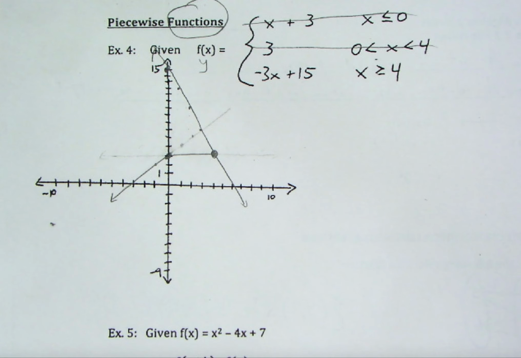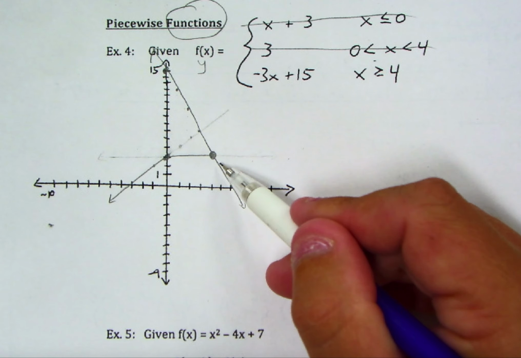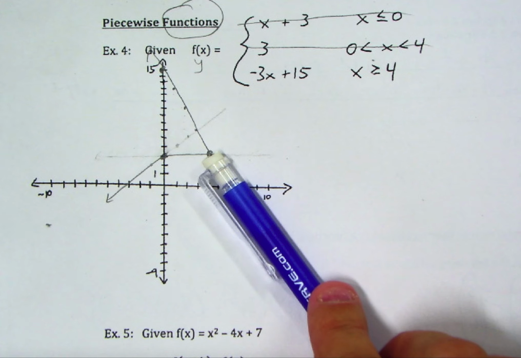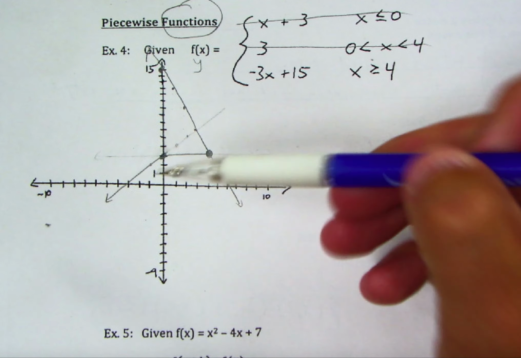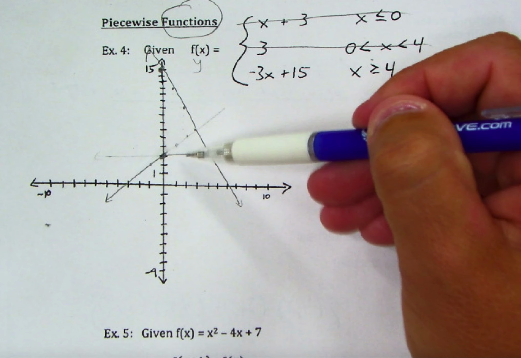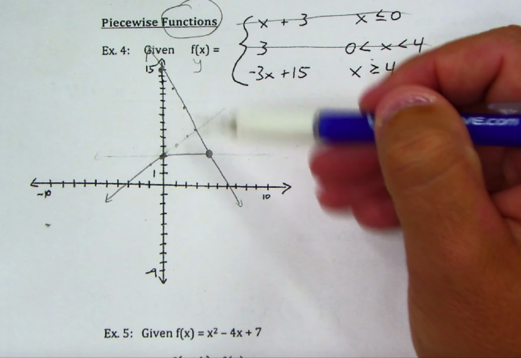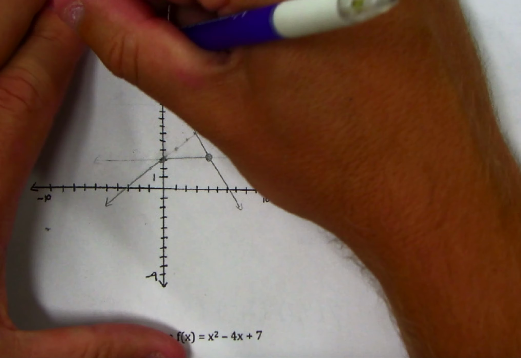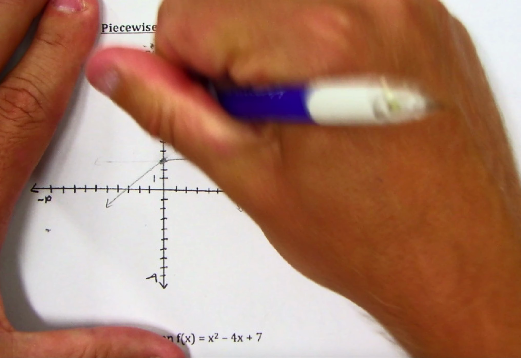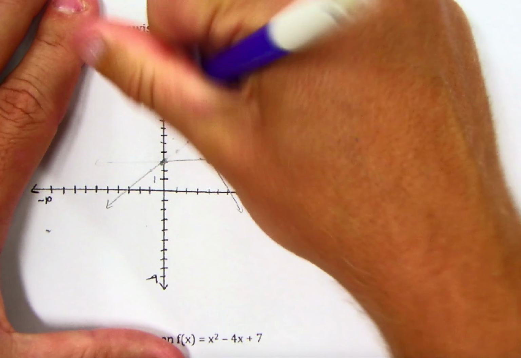That means it should pass the vertical line test. So say you accidentally erase this part here. Well, now your graph doesn't pass the vertical line test. Right here, you would have a vertical line hitting your graph at two different places. So that also helps you see what you should erase. So I want to erase all this stuff to the left of 4.